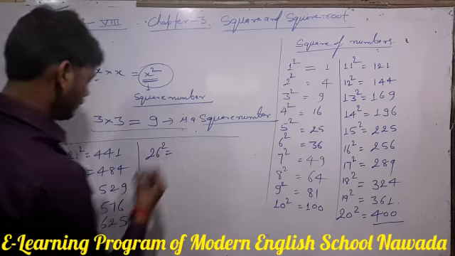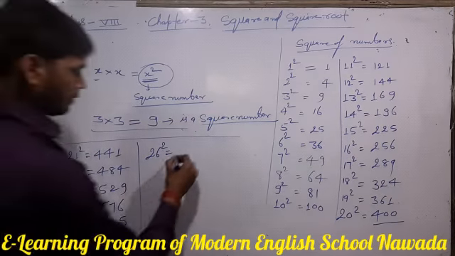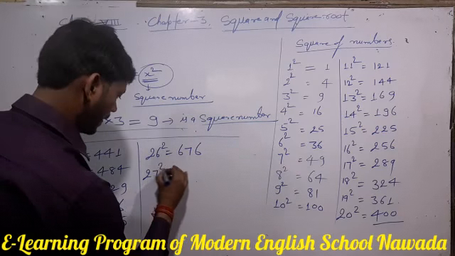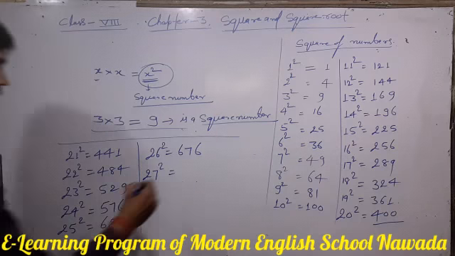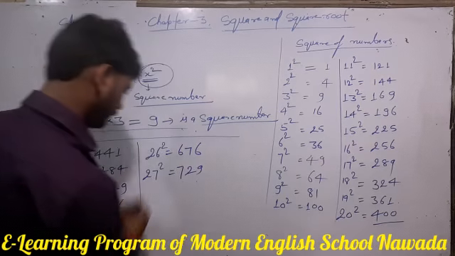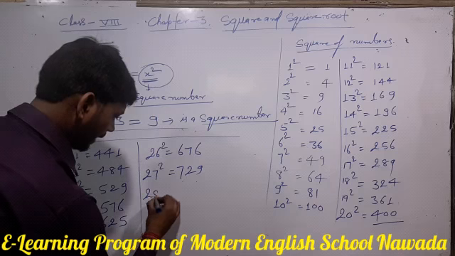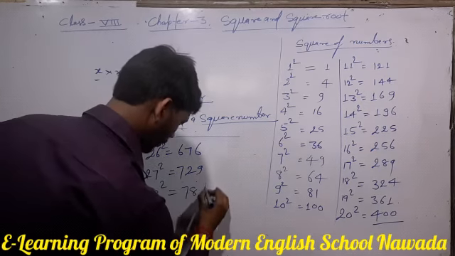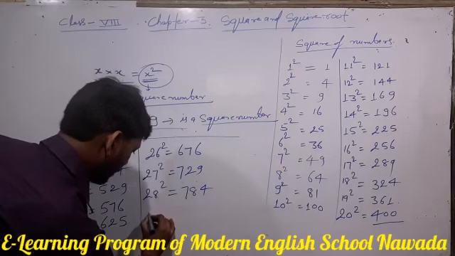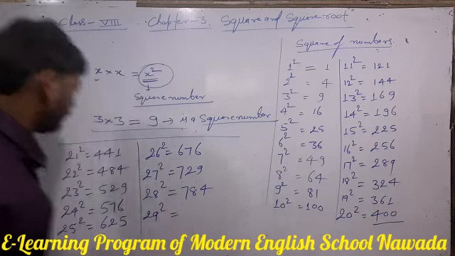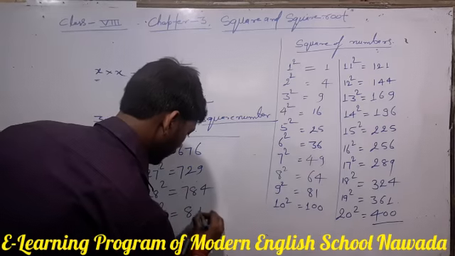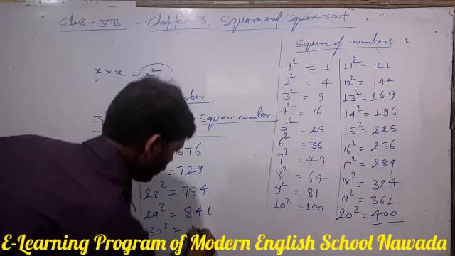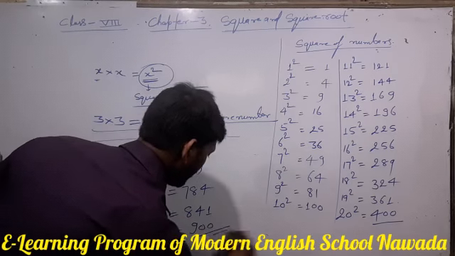26 square equal to 676. 27 square equal to 729. 28 square equal to 784. 29 square equal to 841, and 30 square equal to 900.